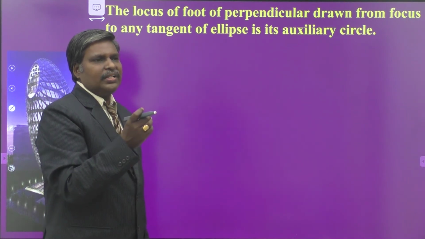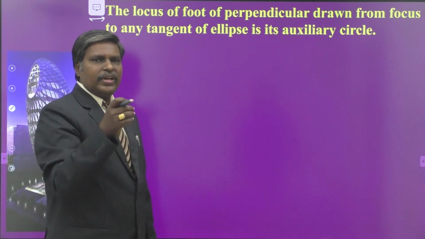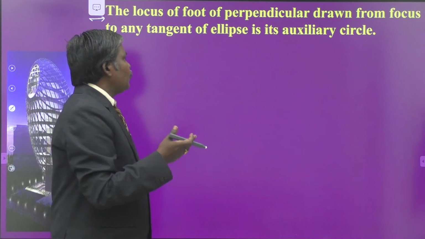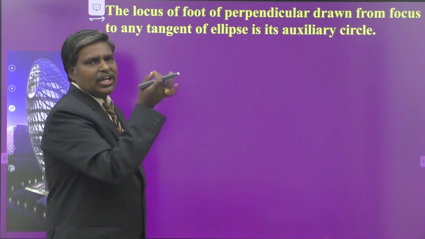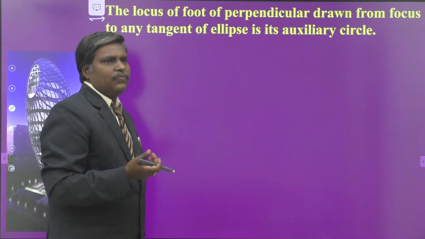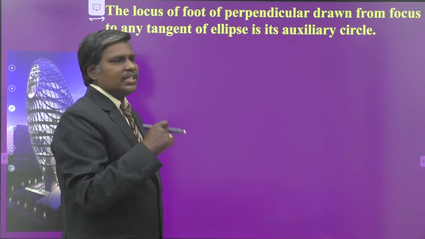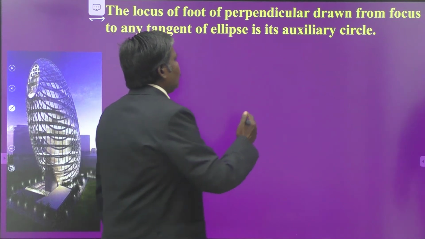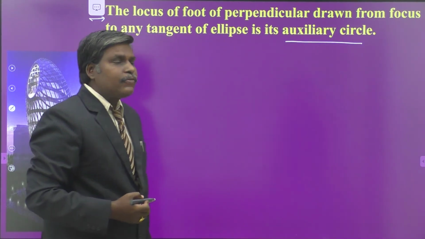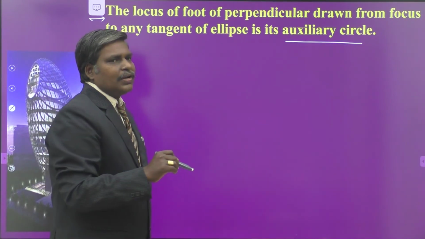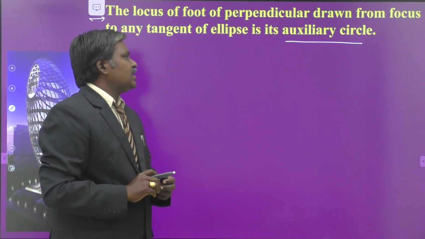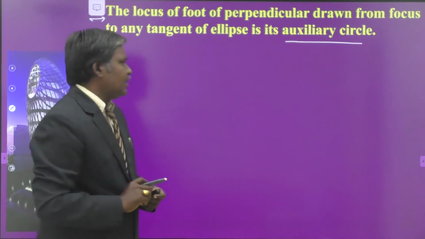If you take a second point on the circumference of the ellipse, at that point you can draw another tangent. So you draw the foot of perpendiculars from the focus to all these tangents. We get some feet. We collect all these feet, we get some locus. You are going to show that it is the auxiliary circle.